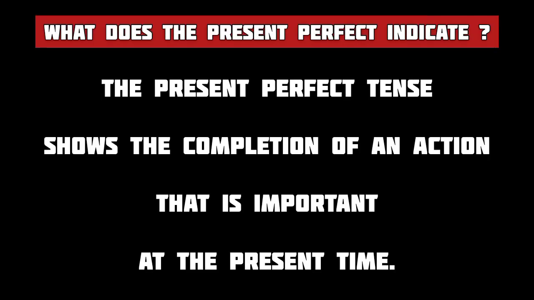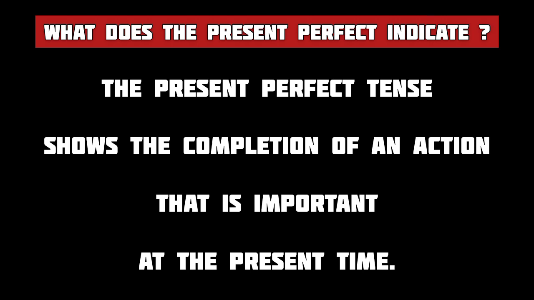But what does the present perfect denote? What time aspect does it show? The present perfect shows the completion of an action or activity which is important at the present time. In other words, the present perfect tense shows a completed action that is significant at the present time.